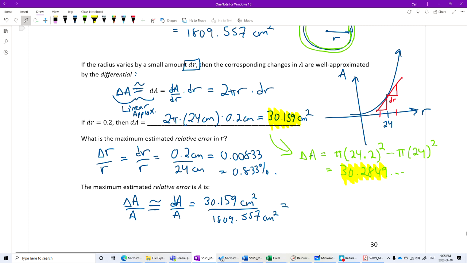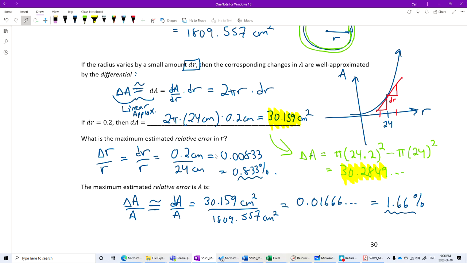So that would be 30.159 divided by 1809.557, which is 0.016666, and that goes on. So that's 1.66%.